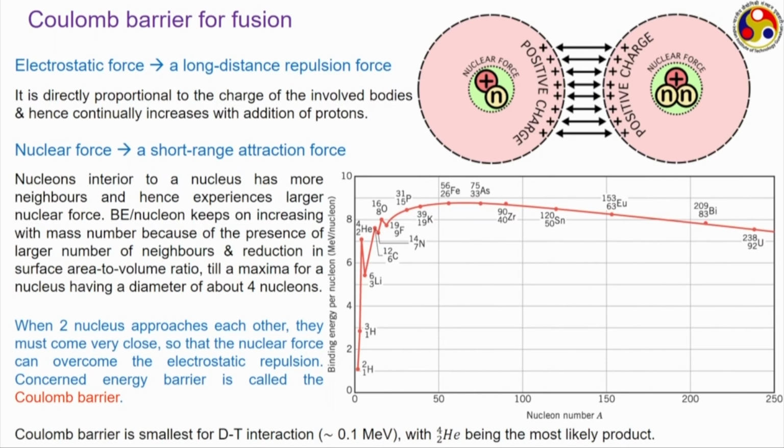And there can be another kind of fusion reaction involving deuterium, between deuterium and helium 3, which produces energy larger than this DT interaction. But the DT reaction is the most popular kind of fusion reaction because of 2 things. Firstly, the Coulomb barrier corresponding to this is the smallest among the 4, just 0.1 MeV.